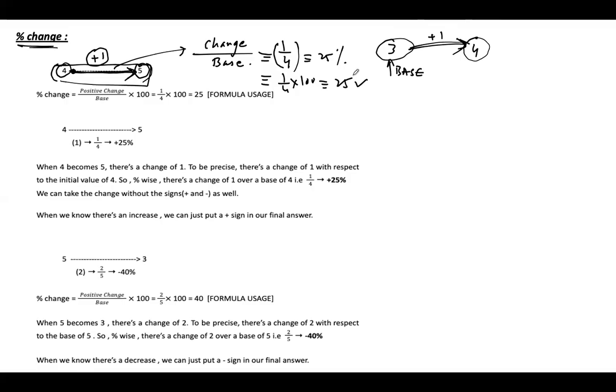Similarly, there is a change from 5 to 3. So what is the change? Decrease of 2. So right now I'm just writing decrease. Let's say I know that there is a decrease of 2 over a base of 5, which is 40%. Then I can say there is a decrease of 40%, rather than putting minus in the formula.